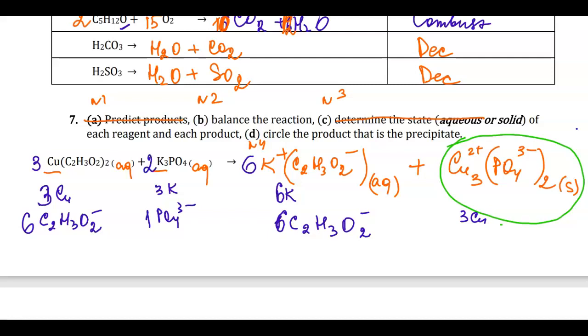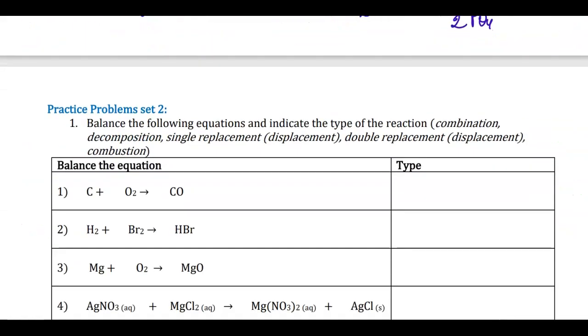So double coefficient 2 gives me 6 potassium, but 2 PO4. Can you see this? And where do I have PO4? I have PO4 here. So how many? 2. PO4, 3 negative, 2 of them, right? So are they balanced? Yes, they are balanced. And now we can just recount and be sure that we did it correctly. So we're good.